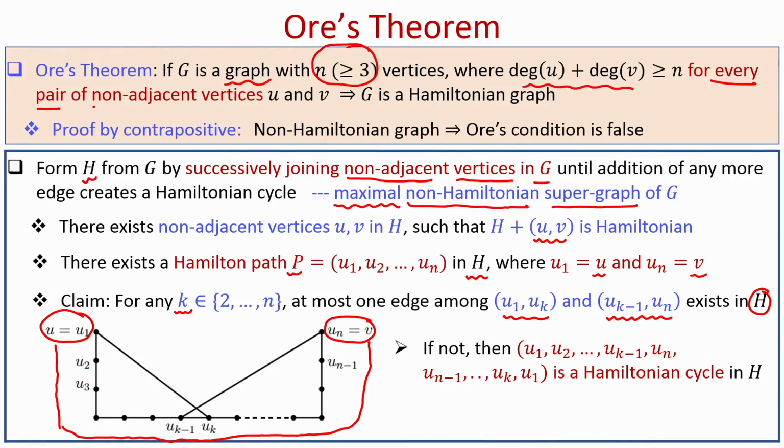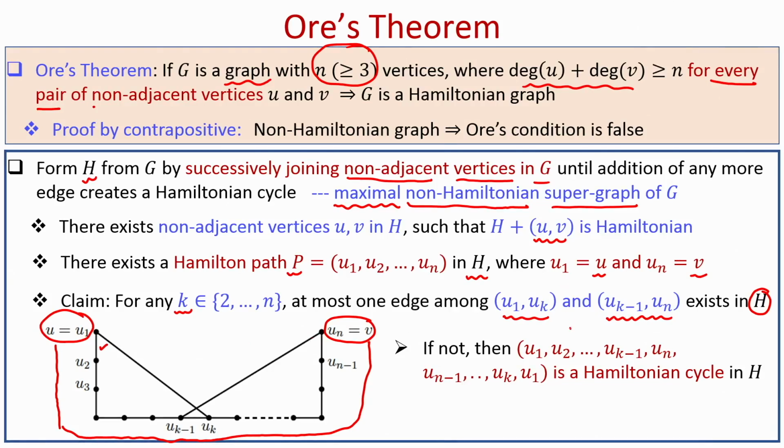So, my claim is if you take any k, for instance k equal to 2, then the claim is that you cannot have simultaneously the edges (u1, u2) and... So, definitely (u1, u2) is there in your supergraph H, because it is a part of your Hamiltonian path P. So, the claim says that since you have (u1, u2) in the graph, you can't have the edge (un, u1) in the graph.